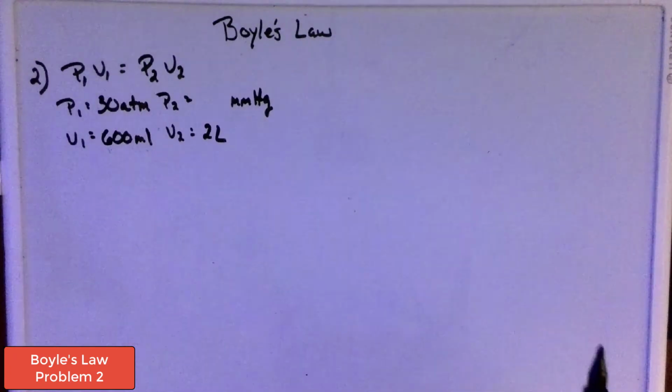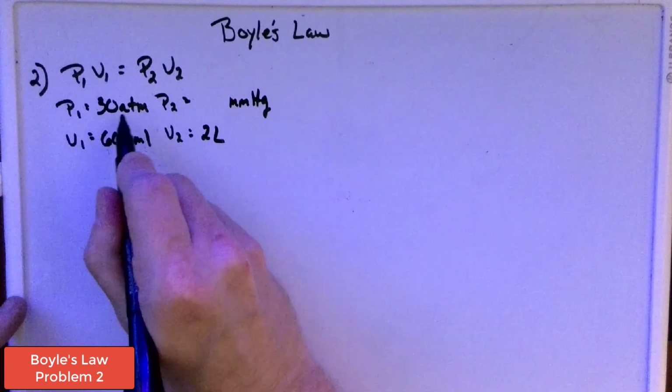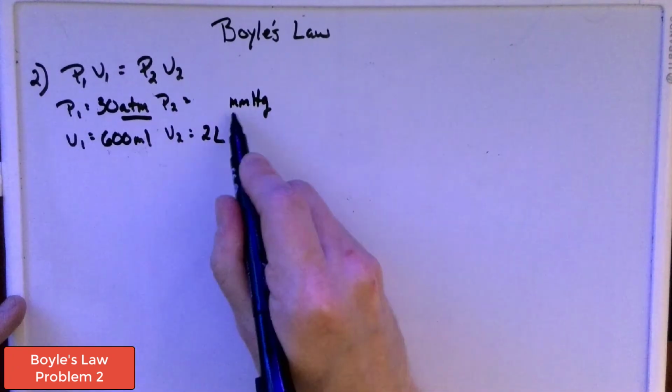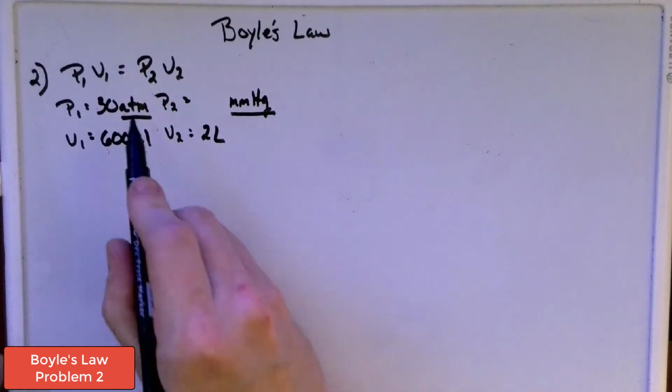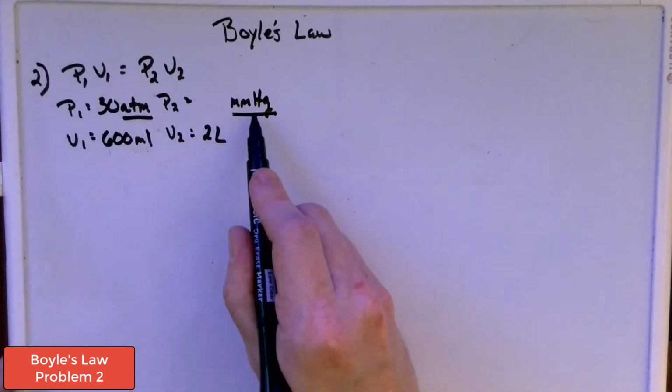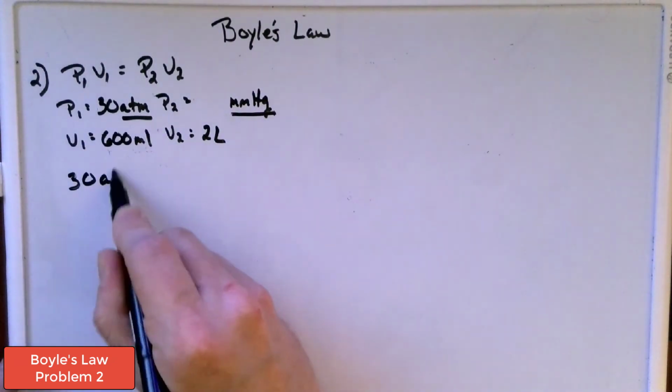Now, this problem requires some unit changes, and I do see a couple of issues. One of the first things I see is atmospheres versus millimeters of mercury. I have to convert atmospheres to millimeters of mercury because the problem demands that the answer is in millimeters of mercury. This is why we worked with pressure conversions last week.